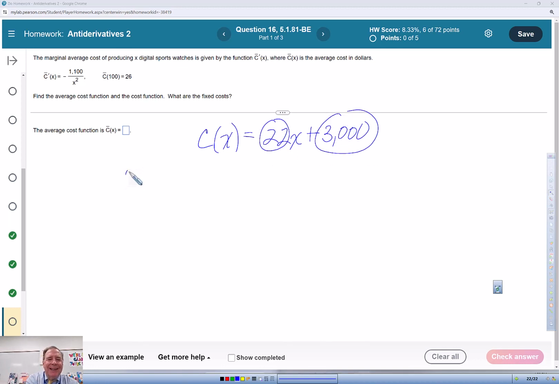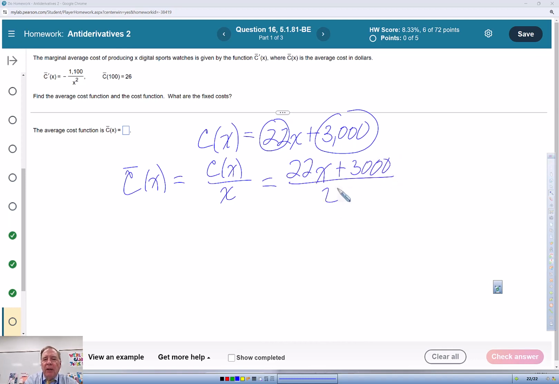And if I want to get the average cost function, C bar of x, that's going to be C of x divided by the number of units I'm producing. So 22x plus 3,000, all divided by x. Well, these will cancel out. So what I'll get is 3,000 over x plus 22.